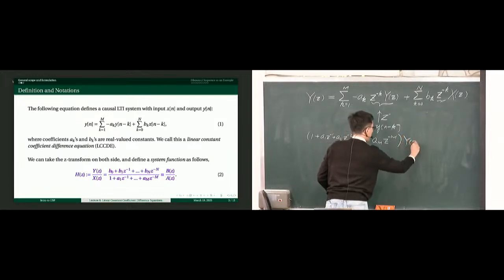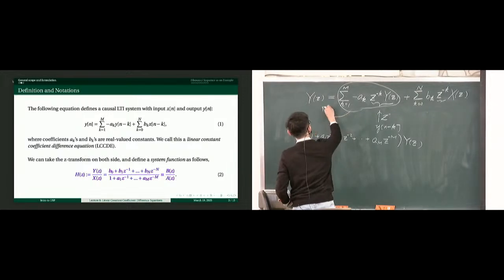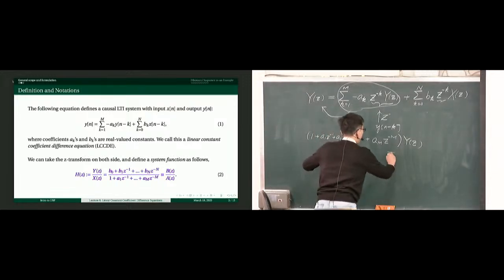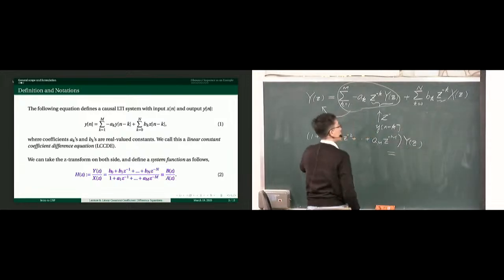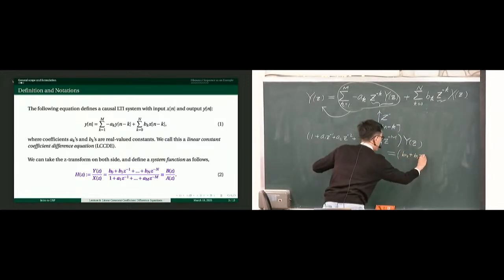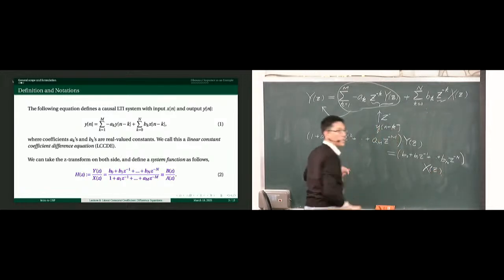If we move everything to the left-hand side, that becomes the left-hand side. So far, so good? Everybody with me so far? On the right-hand side, what remains is even simpler. It's basically b_0 plus b_1 z inverse and so on, the last term, times big X in the z domain.